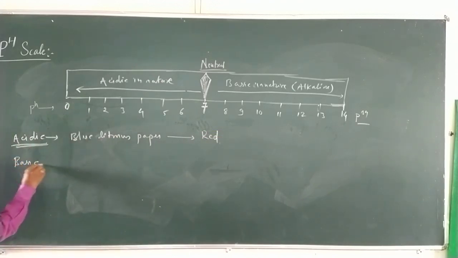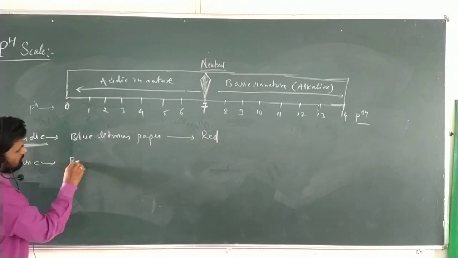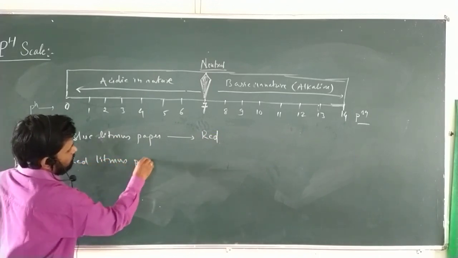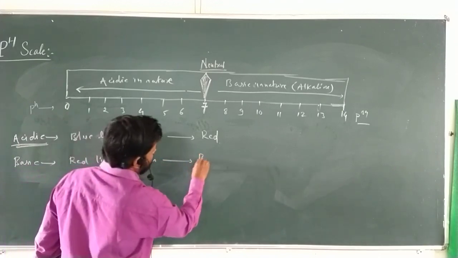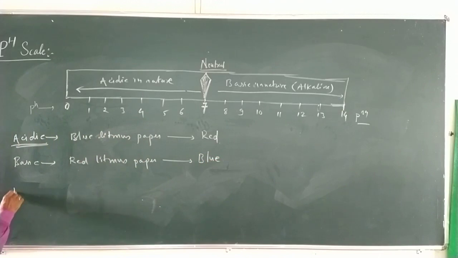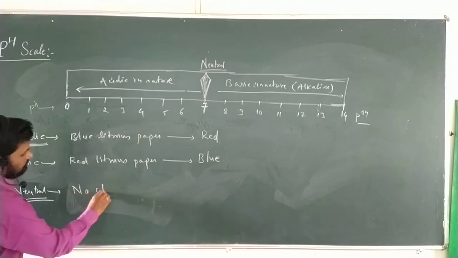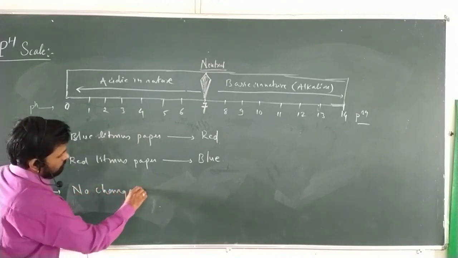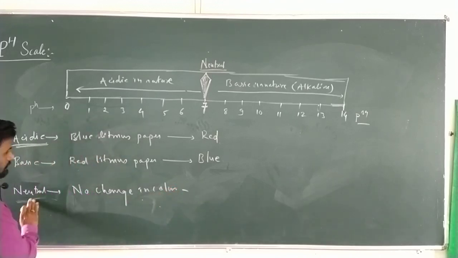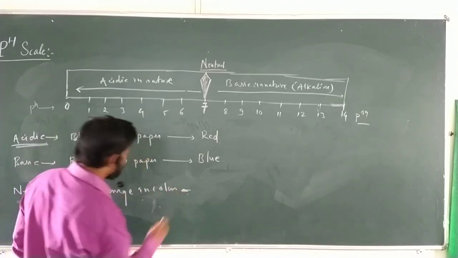Basic: red litmus paper turns blue. If neutral, we can say there is no change in color. No change in color is neutral. You getting my point?